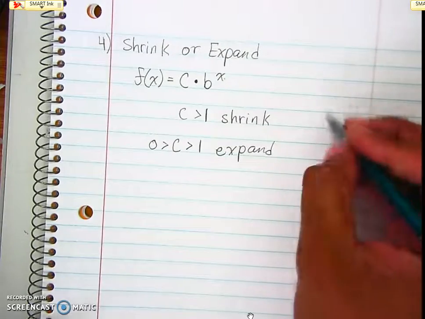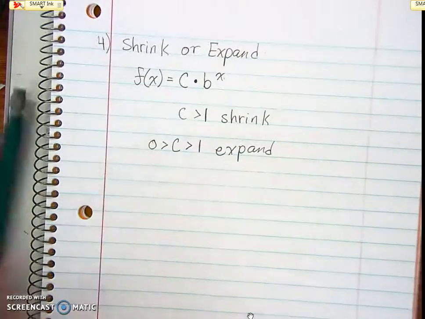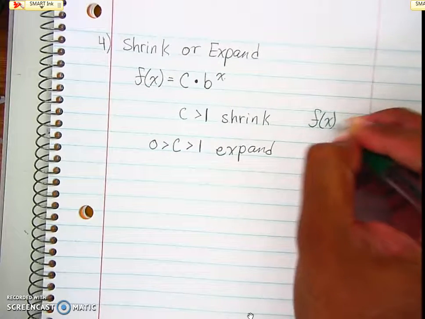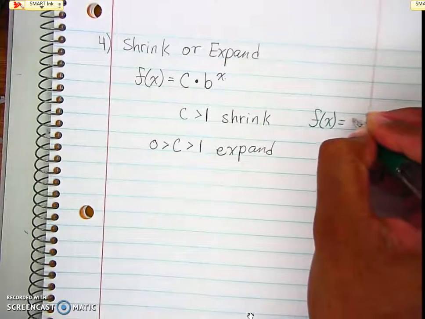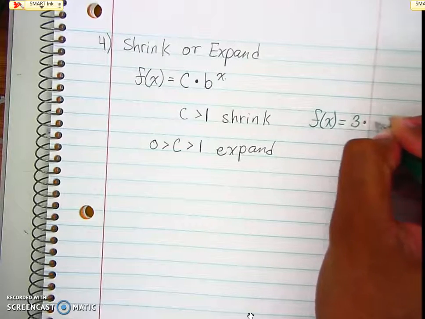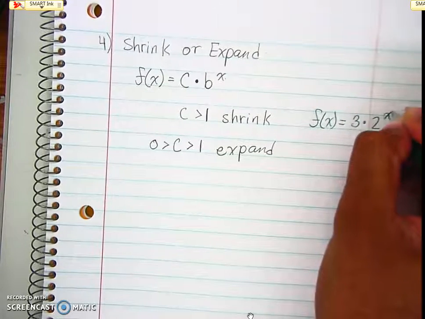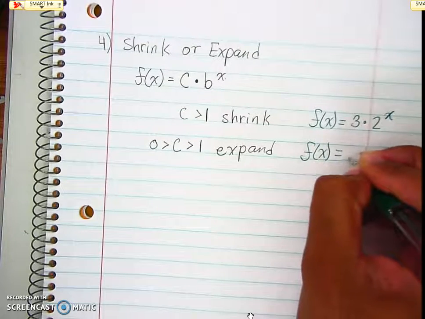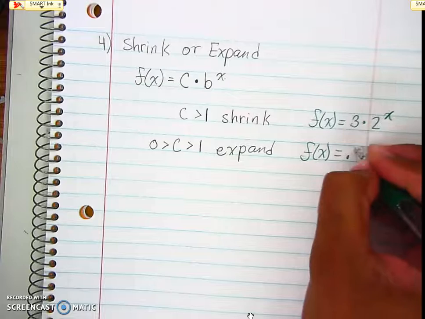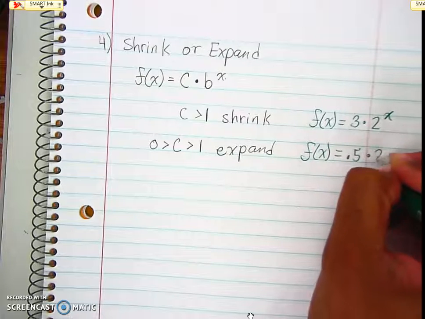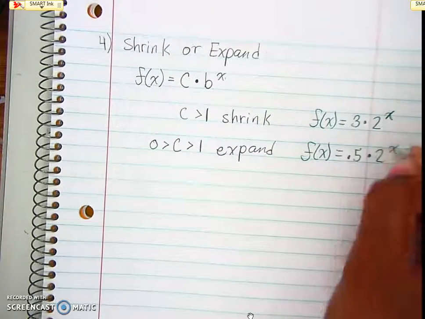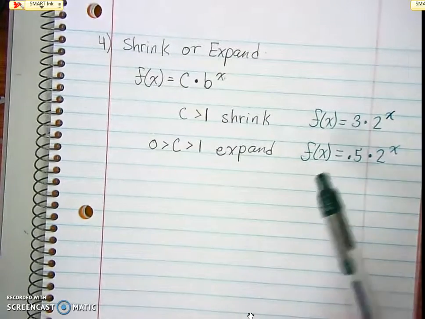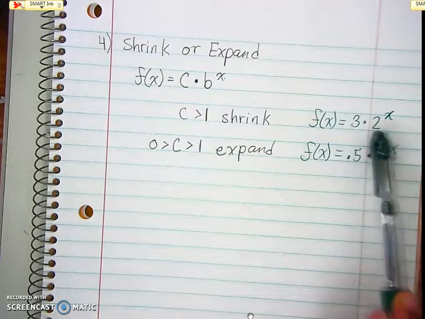And so here are examples of these really quickly so you can get an idea of what we're talking about. It's going to look something like this. If it's going to shrink, it's going to have like a 3 or something like that in front of it.